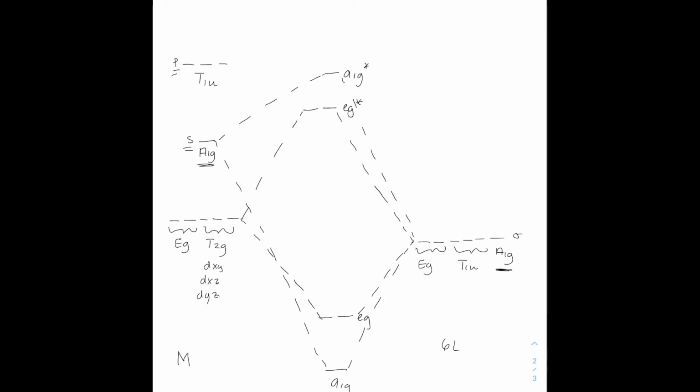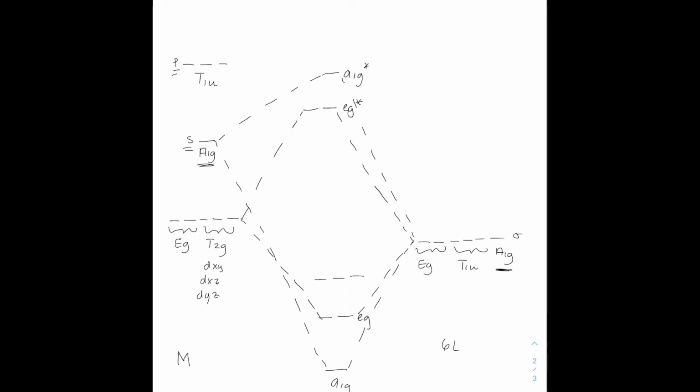And then we're also going to get our T1U. That's our p orbitals interacting between our 6 ligands and our central metal. We have 3 p orbitals: px, py, and pz. Therefore, we're going to draw our 3.